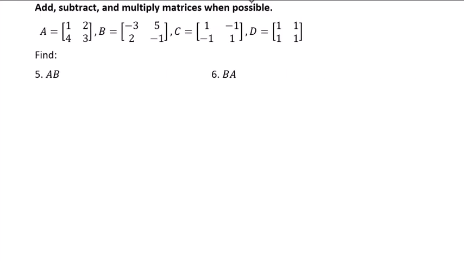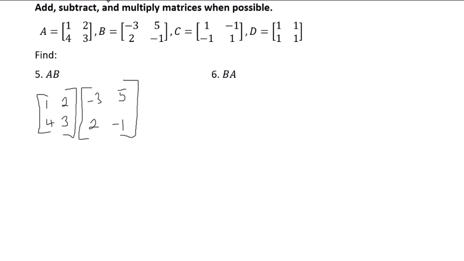All right, now we are going to do multiplication. So we're going to start out by doing AB. So I'm going to copy down A, 1, 2, 4, 3. And B as -3, 5, 2, -1.